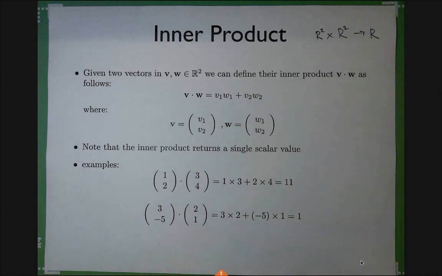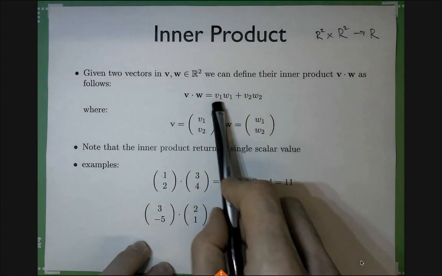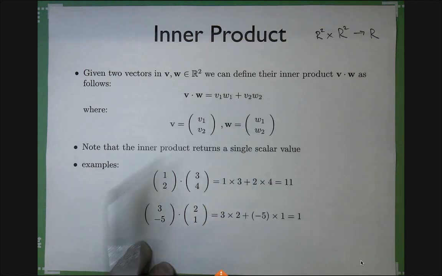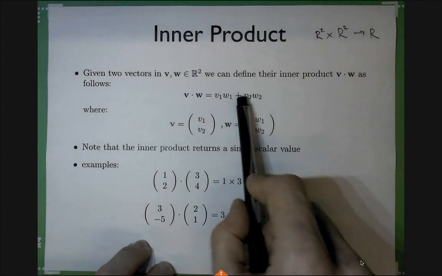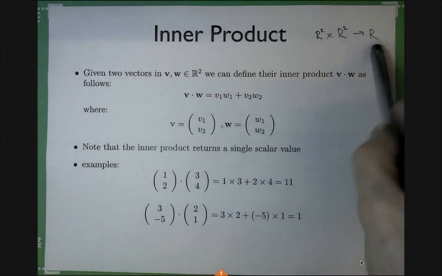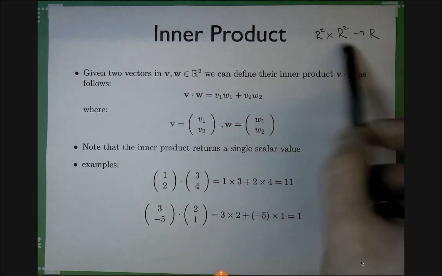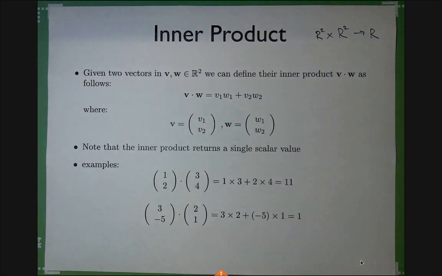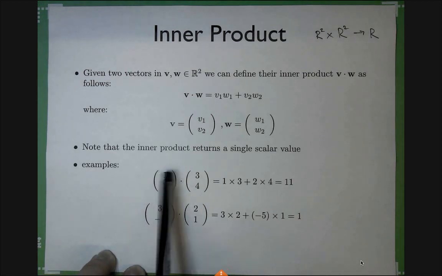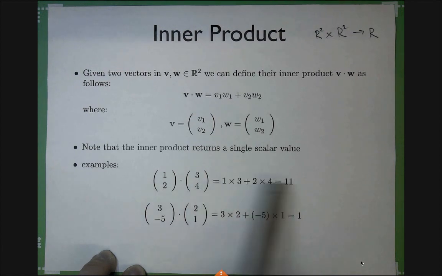So it takes two vectors and produces a number. And how is the number computed? Well, I just take the first components and the second components, multiply them together and sum them together. The sum is how we reduce it from 2 dimensions to 1 dimension. So here are some trivial examples. If you want to do the inner product of these vectors, you compute 1 times 3 plus 2 times 4 and get 11.